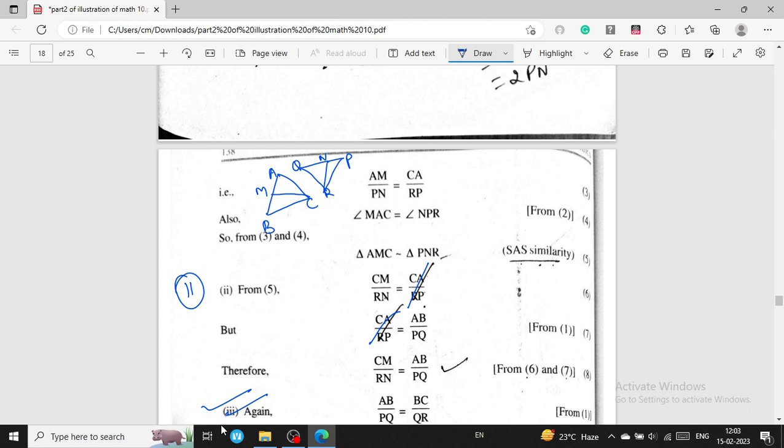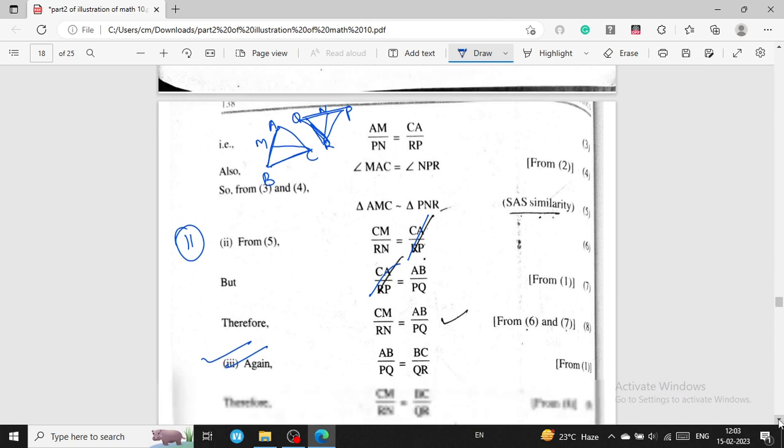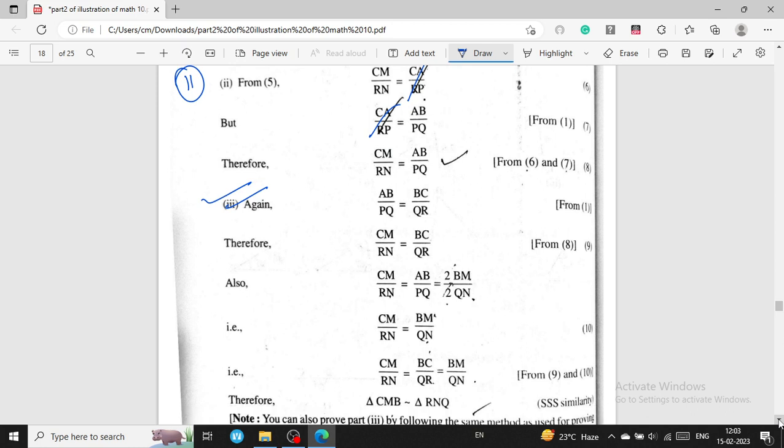For proving the third statement, we will write AB over PQ is equal to BC over QR. That is taken from the first equation, and after that you can write CM over RN is equal to BC over QR, and CM over RN is equal to AB over PQ.